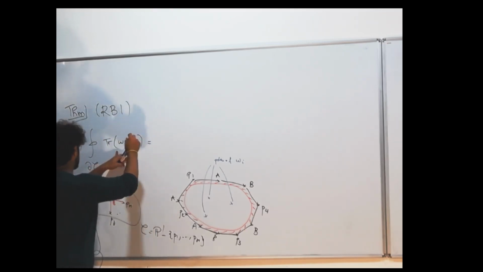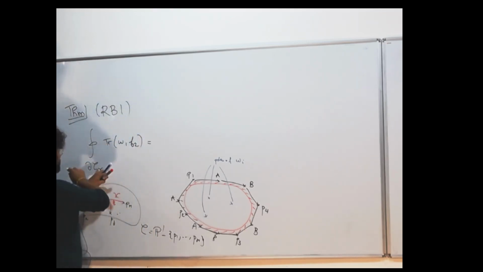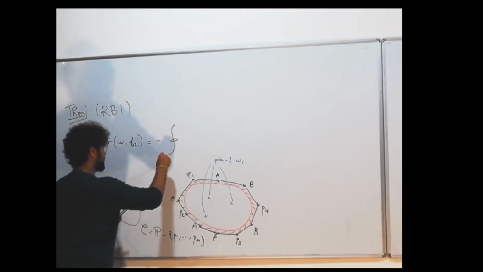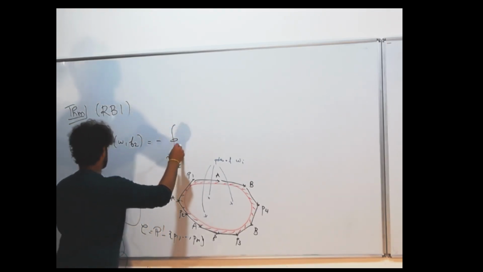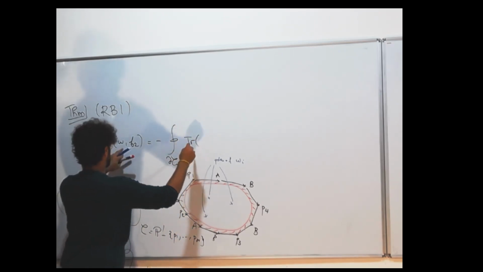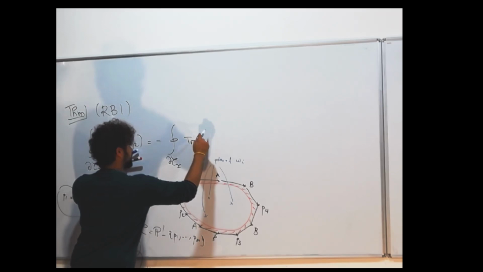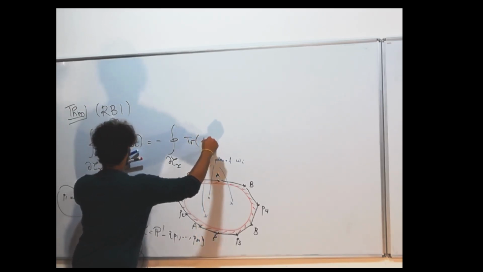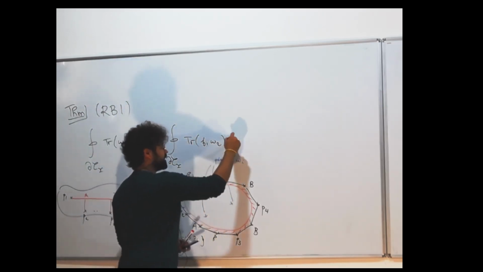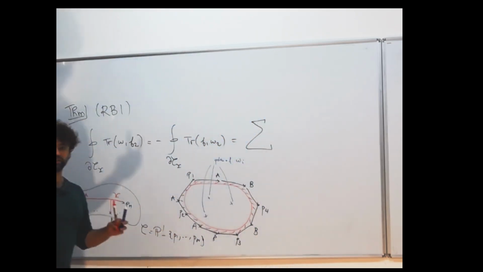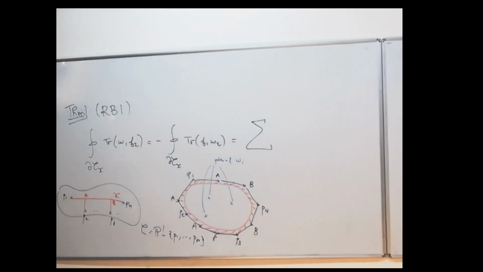Okay? And the content of the theorem tells you that if you calculate this, this is actually equal to minus the integral of the same expression, but where we exchange the indices. So this is now F1 omega 2, okay? And this was written as a bilinear expression in the periods of these differential forms.